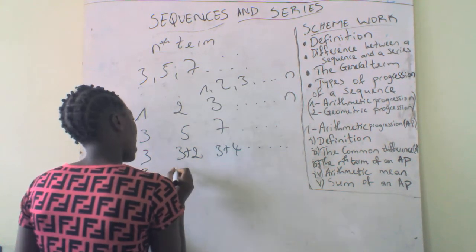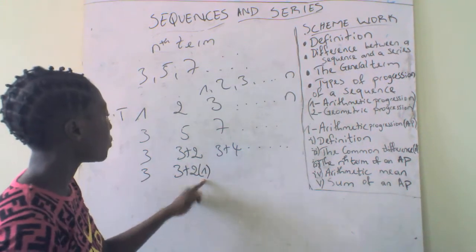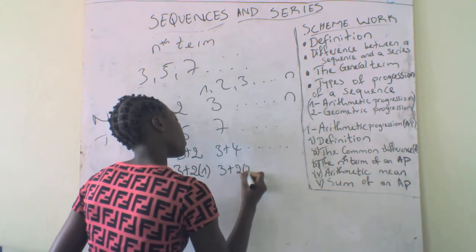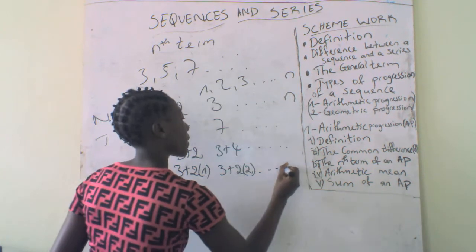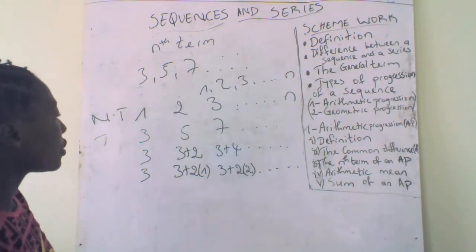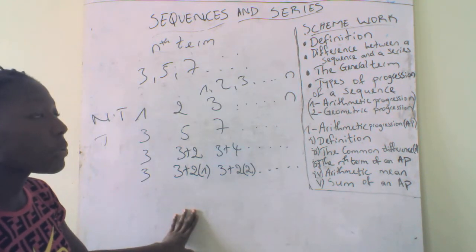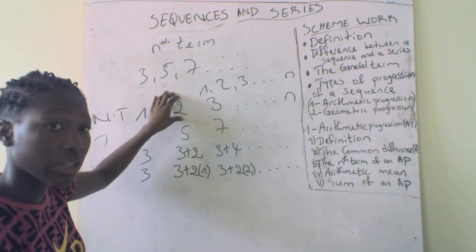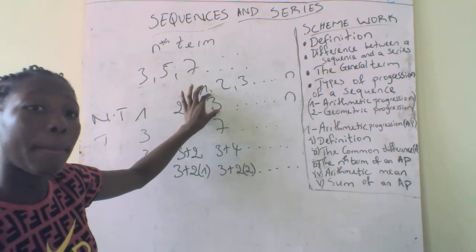So we are going to have 3 plus 2 into 1, which comes back to this, and 3 plus 2 into 2, which comes back to this. Now we are going to change our coefficients, which are 1 and 2, into the natural number corresponding to it minus 1.